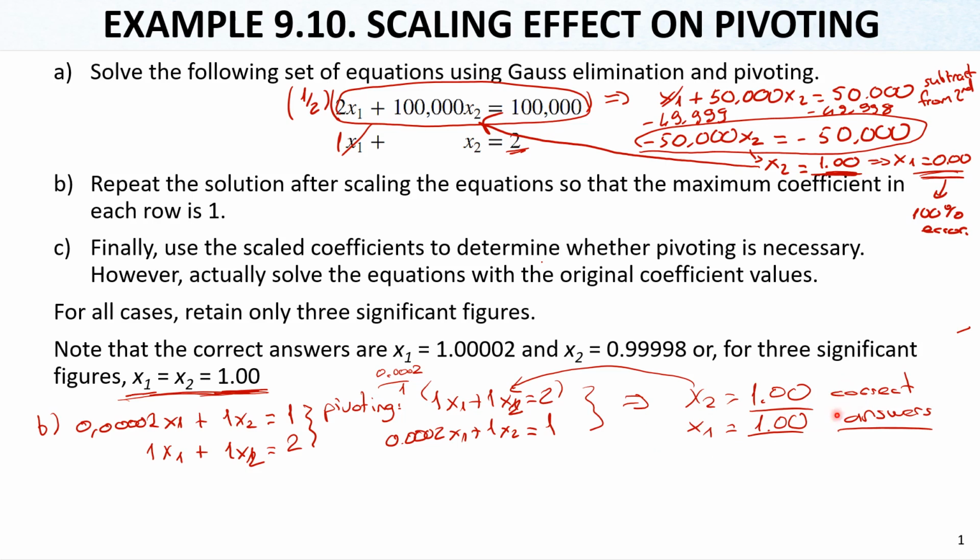So this is important. We will apply both scaling and pivoting while doing the Gauss elimination. Let's go to part C. Use the scaled coefficients to determine whether pivoting is necessary. Actually, we will solve the equation with the original coefficient values. So we will solve these.